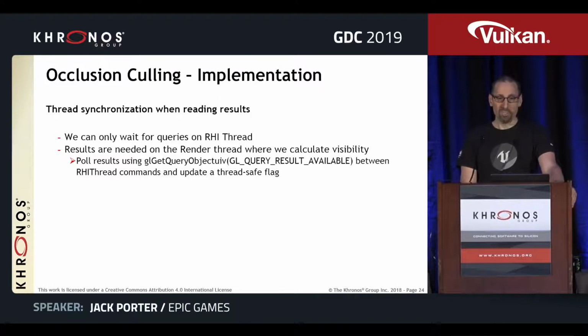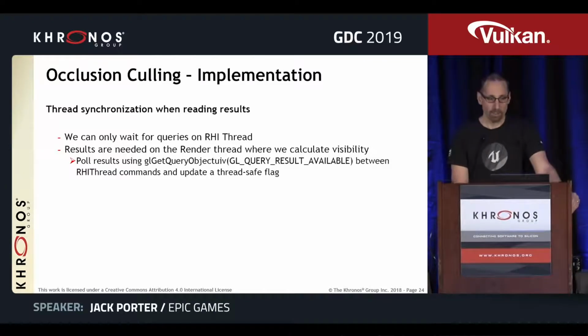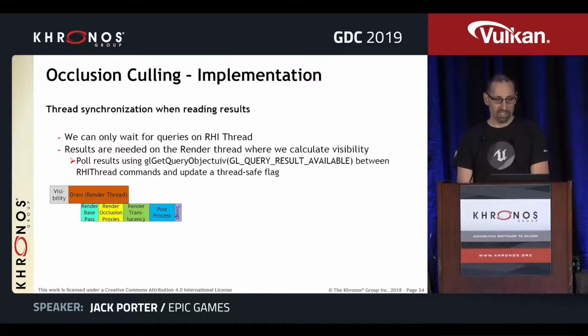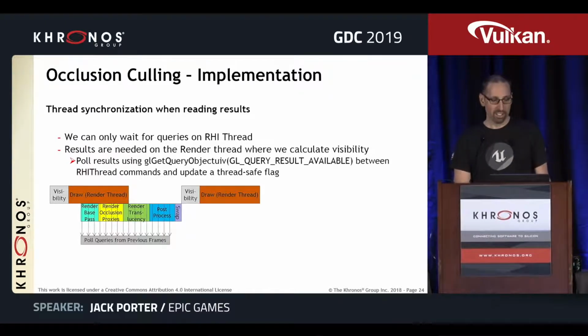So something we're doing now is to poll, on both GL and Vulkan. As we enqueue commands to the RHI thread, we poll to see if the occlusion queries we issued previously have completed. So for example, the top is the render thread, the bottom is the RHI thread.